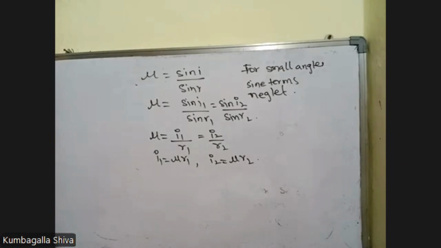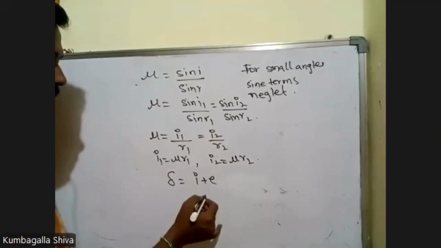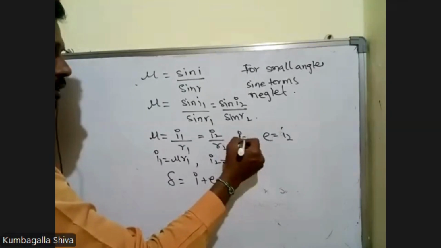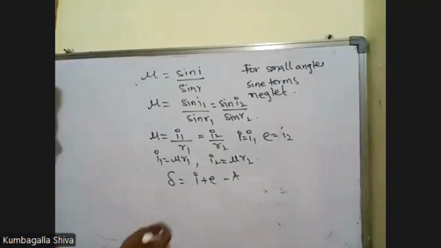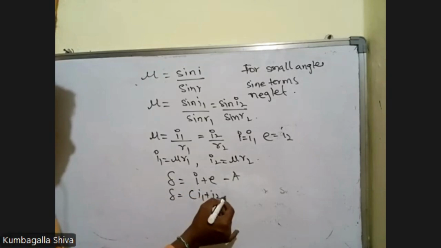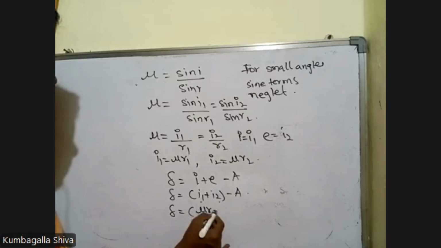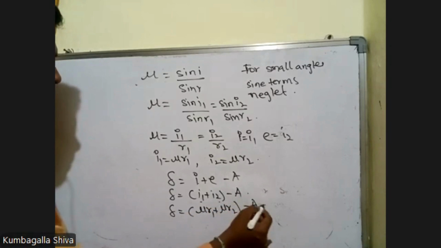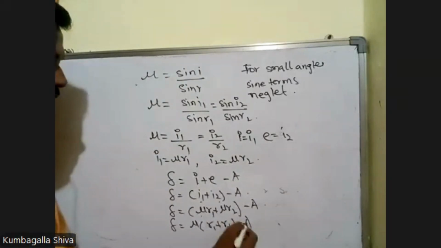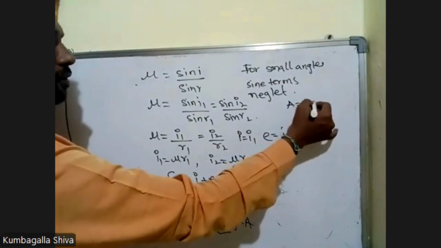Now you have that formula: delta is equal to angle of incidence plus angle of emergence minus A. The emergent angle is nothing but I2, and the incidence I is I1. So delta is equal to I1 plus I2 minus A, that is delta is equal to mu R1 plus mu R2 minus A. So delta is equal to mu common, R1 plus R2 minus A. We already know that A is equal to R1 plus R2.